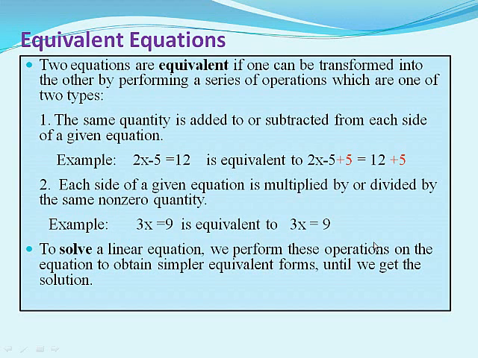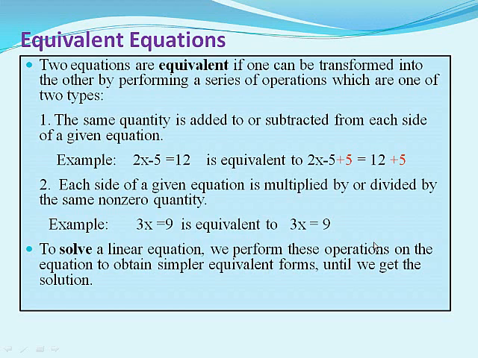Equivalent equations. Two equations are equivalent if one can be transformed into the other by performing a series of operations which are one of two types. 1. The same quantity is added to or subtracted from each side of a given equation. For example, 2x minus 5 equal to 12 is equivalent to 2x minus 5 plus 5 equal to 12 plus 5. 2.